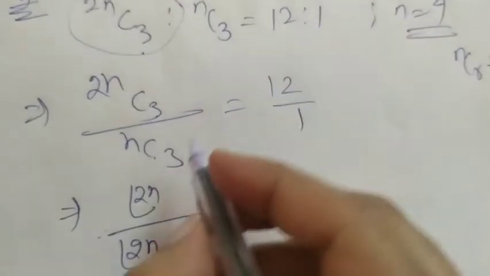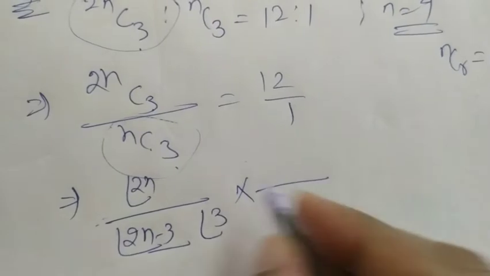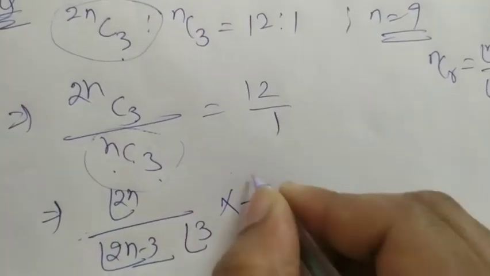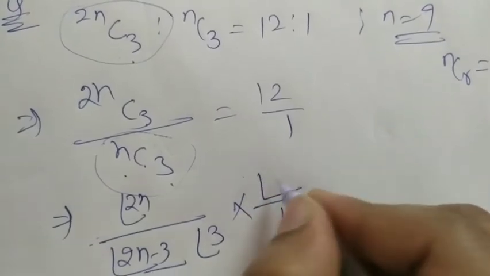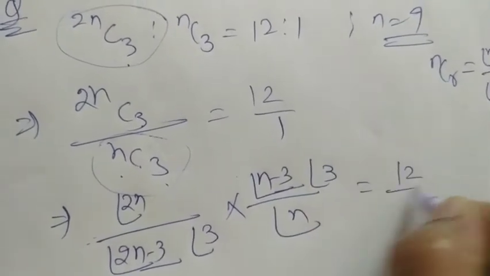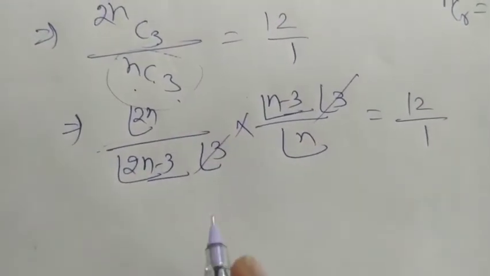When putting the formula, I am also taking the reciprocal because it is in the denominator: factorial n minus 3 factorial 3 is equal to 12 upon 1. This factorial 3 is cancelled out.